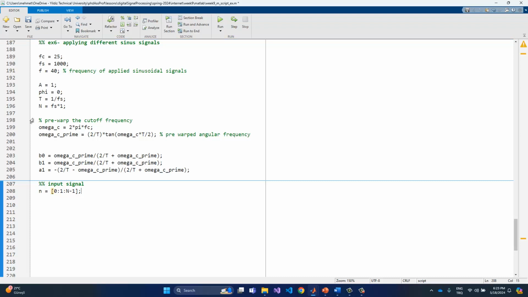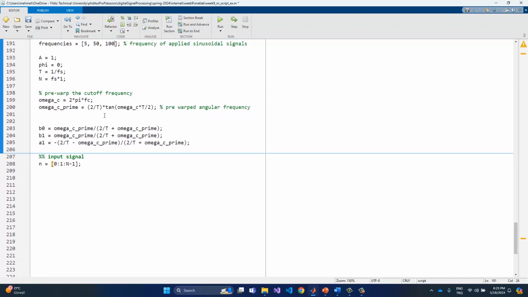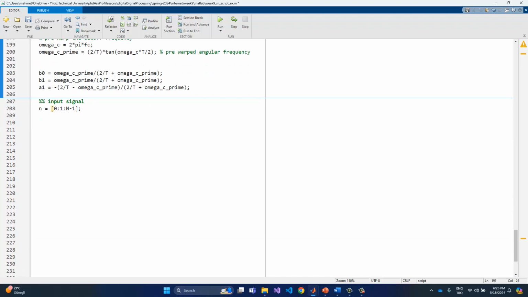This is fs 1000, but the frequencies can be assigned as 5, 50 and 100. a is equal to 0, this is also the same, b0, b1, b0, this is the same.